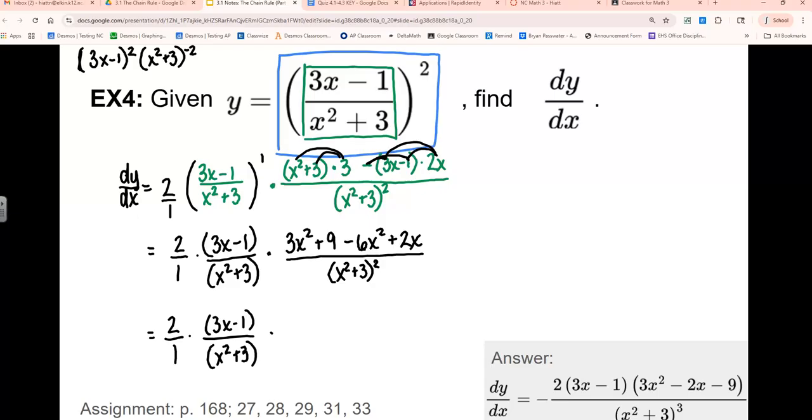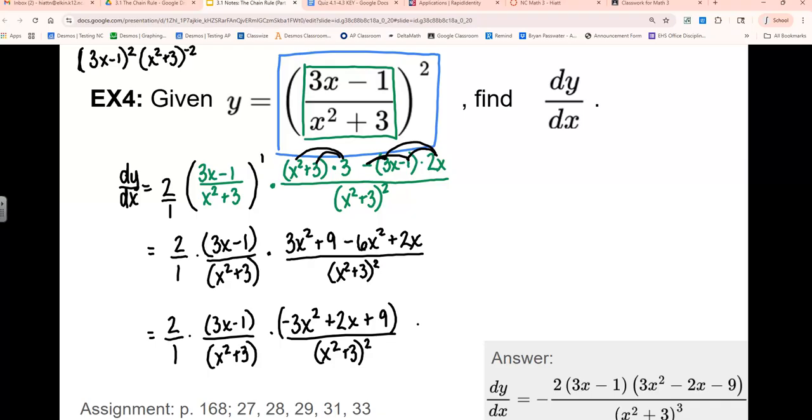So if I do 3x squared minus 6x squared, that is going to give me negative 3x squared plus 2x plus 9 over x squared plus 3 squared. To multiply fractions, I don't have to have common denominators.